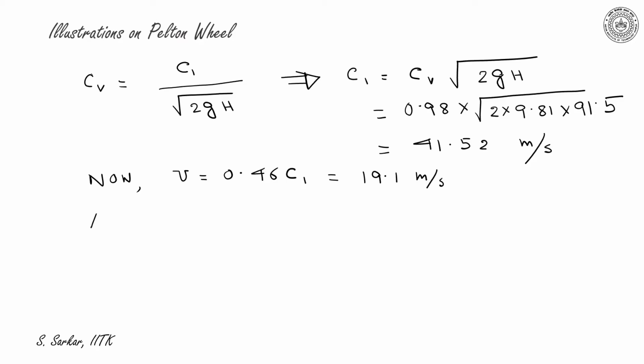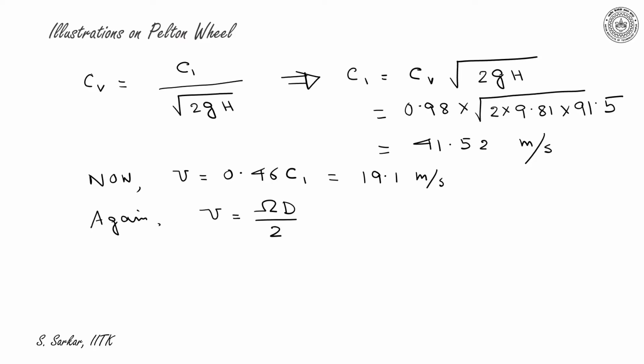Now, again, I can write U is equal to omega, that is the rotational speed of the disk, into D by 2.